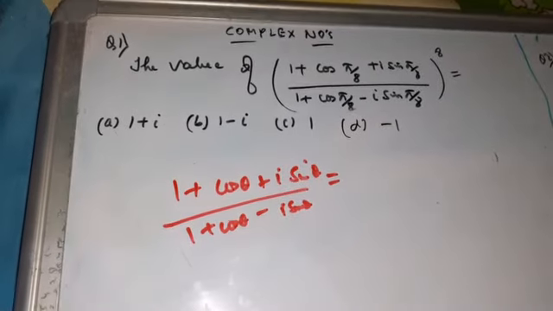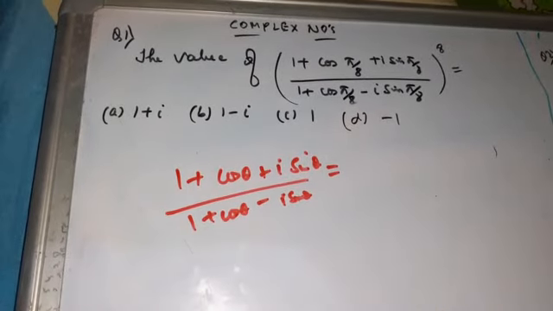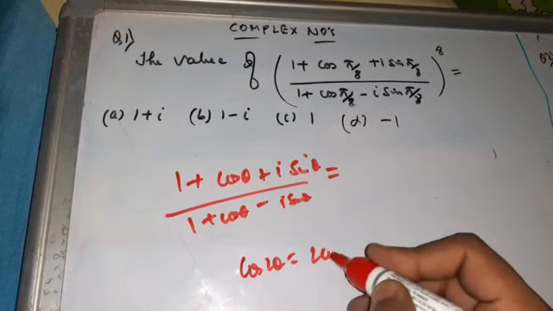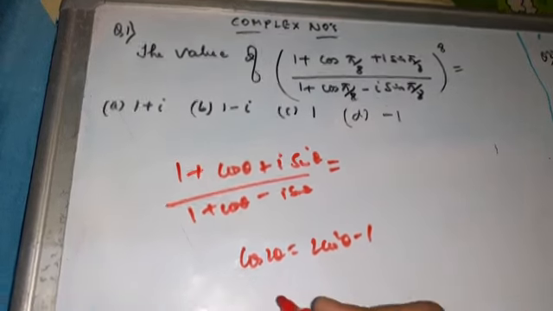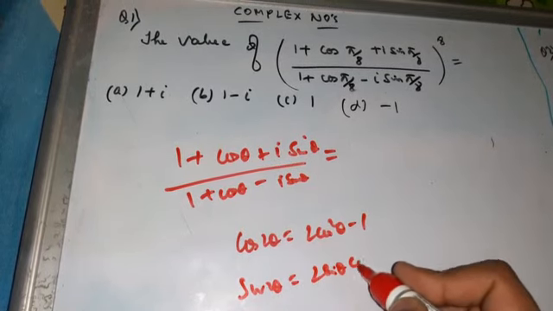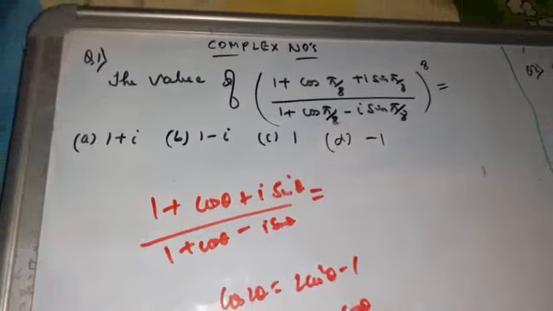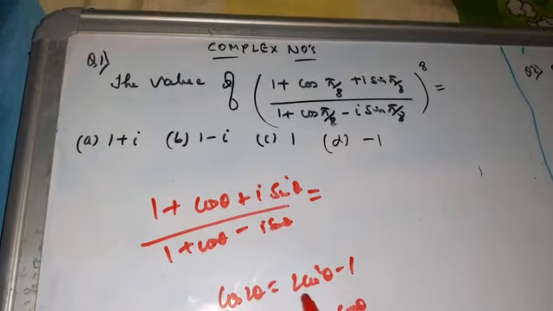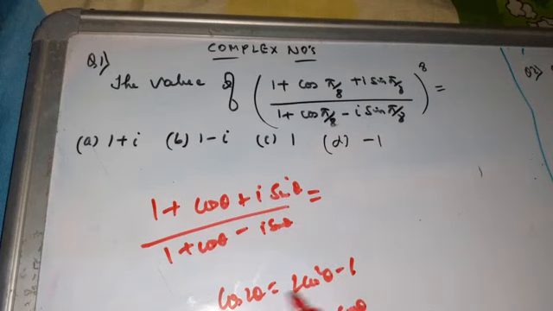First of all, you know some transformations: cos 2θ is 2cos²θ − 1 and sin 2θ is 2 sin θ cos θ.